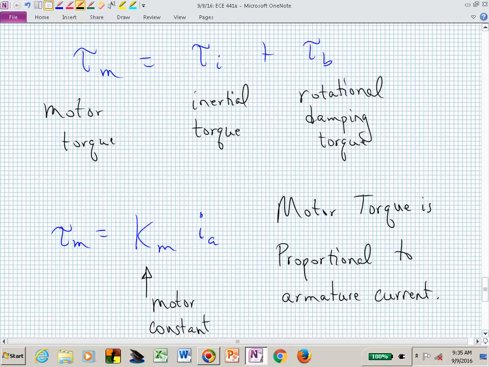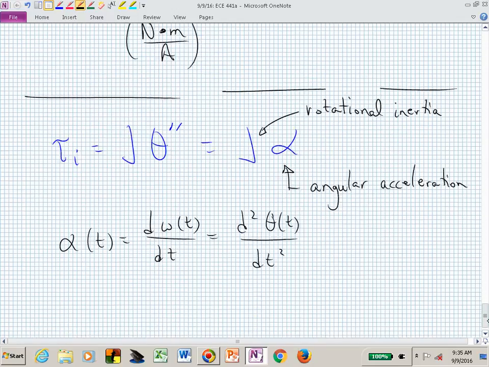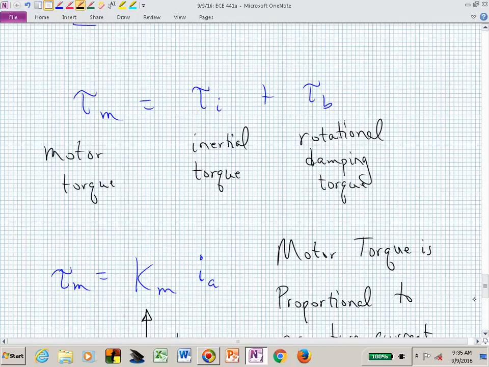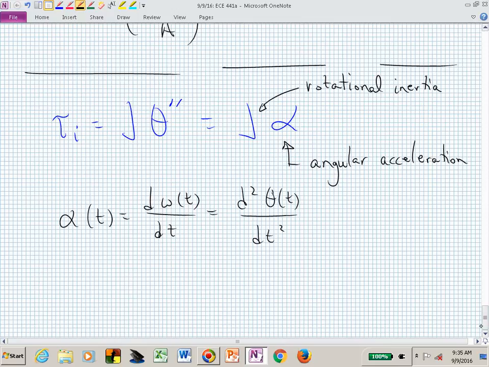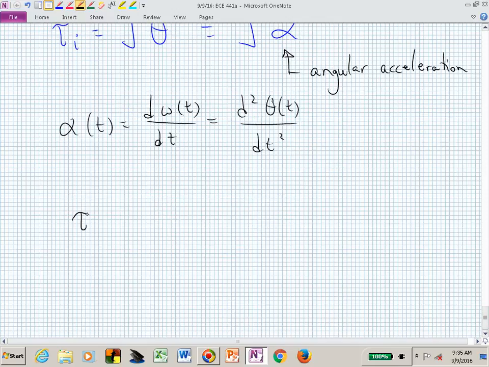Tau sub I is J theta double prime, and tau sub b, since that's dependent on the velocity of the motor shaft, or the angular velocity, is b theta prime.